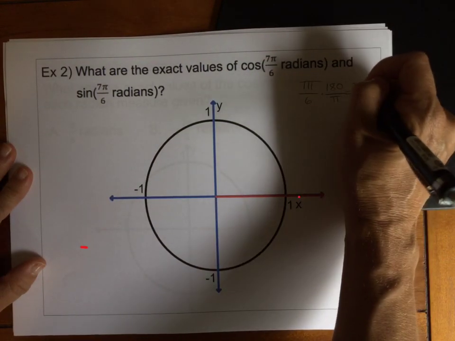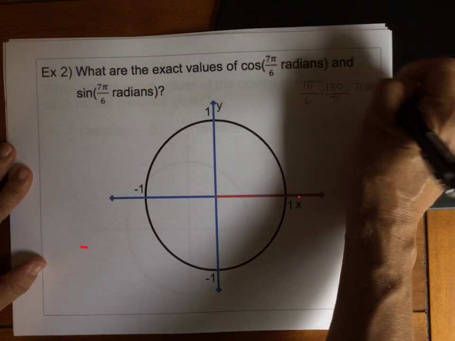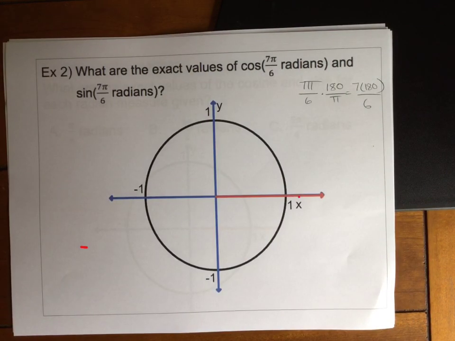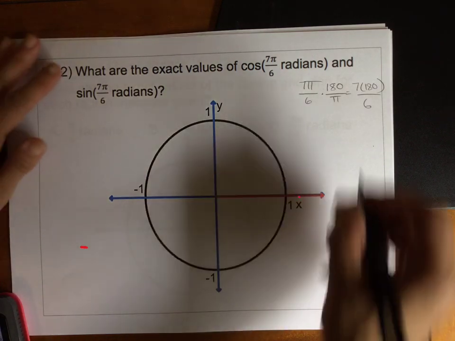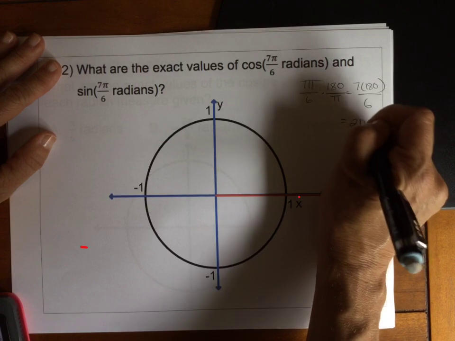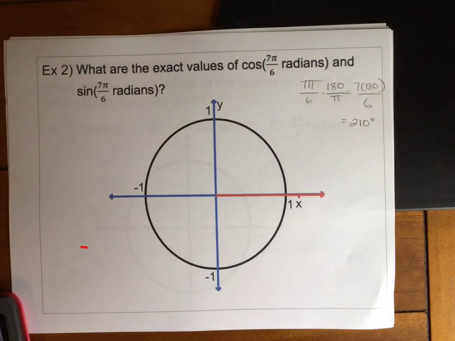So we get 7 times 180 all over 6. I'm going to grab my calculator because I have been known, especially in these videos, to make lots of math errors, so I'm not going to try to guess it. But it equals 210 degrees.